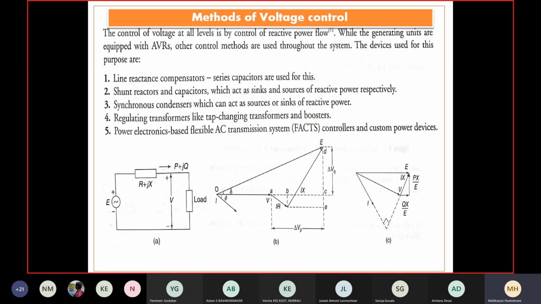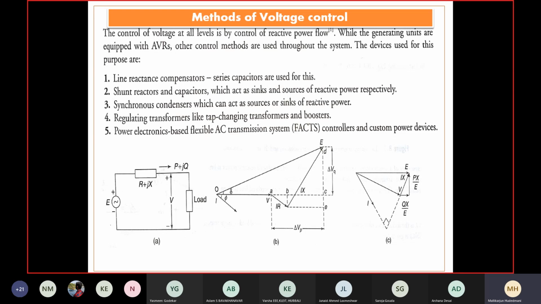Whenever the inductive reactance dominates the capacitive reactance, definitely it absorbs. That is what is seen. Whenever the load is thrown off, the distributed capacitance becomes dominating and the voltage improves. That's the nature of the loading and unloading phenomena we have seen.